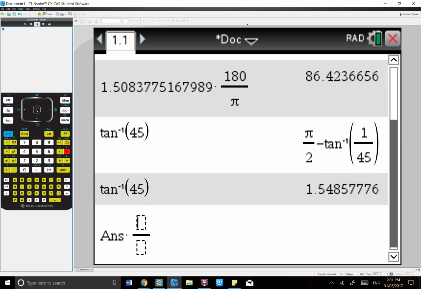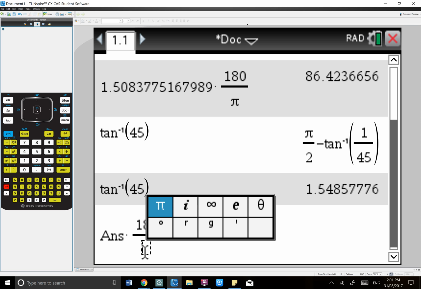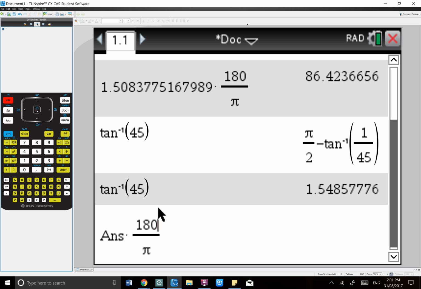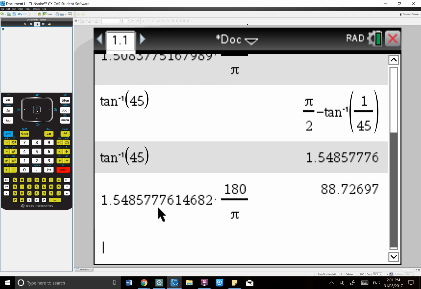Times 180 over pi. Okay, that's 88.73. It's going up, so the tangent will keep going up and up.